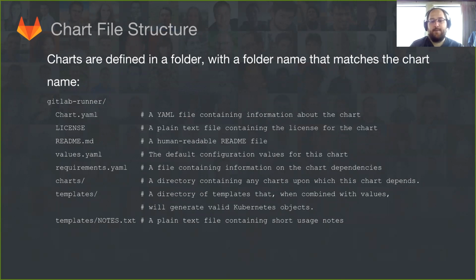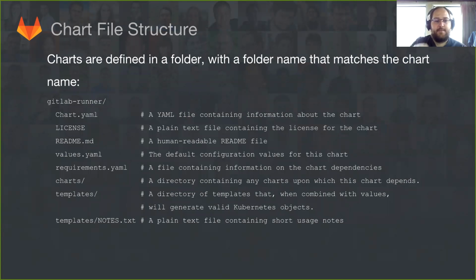And that's where we're able to combine the config that exists in values.yaml and the user's values to generate the different charts. And there's also NOTES.txt by default in the templates folder, which is a plain text file containing short usage notes. So this gets printed out after a user installs the chart. So it's the basic file structure.